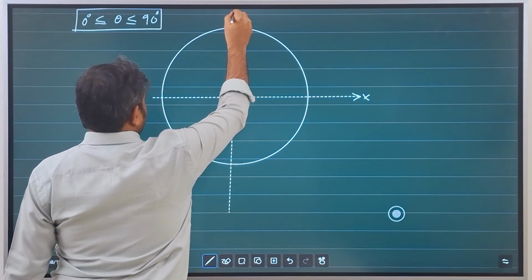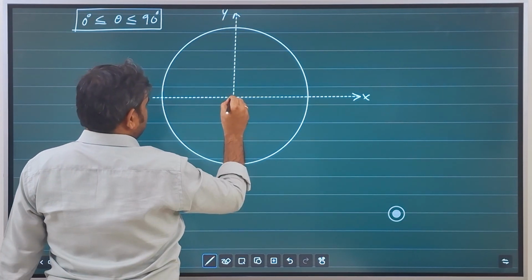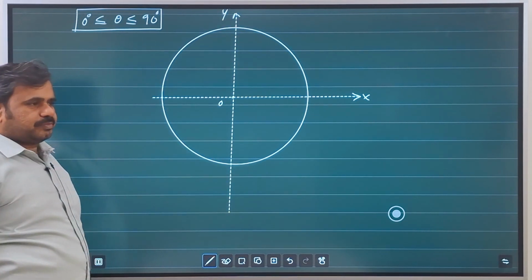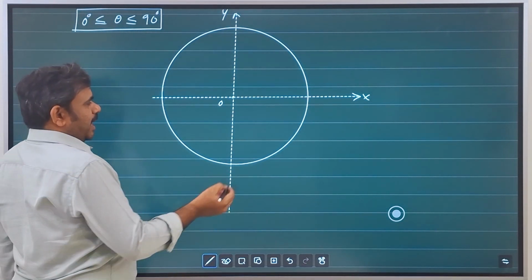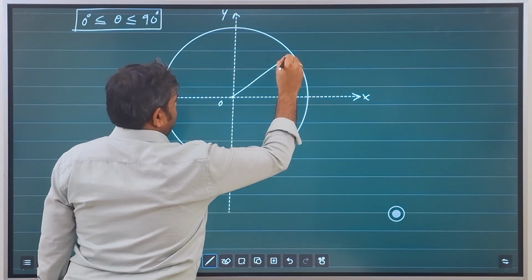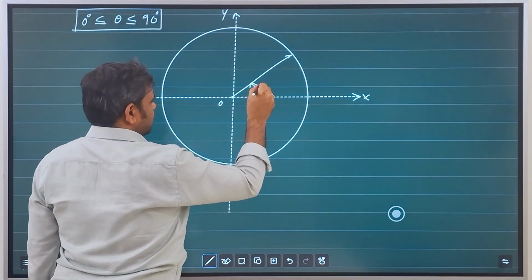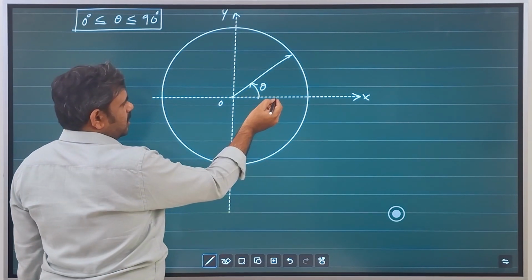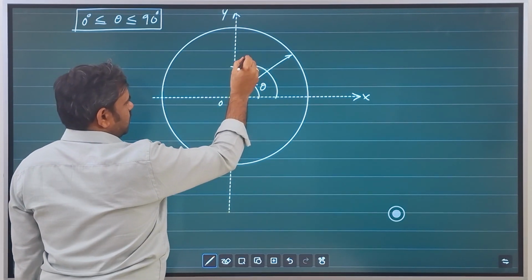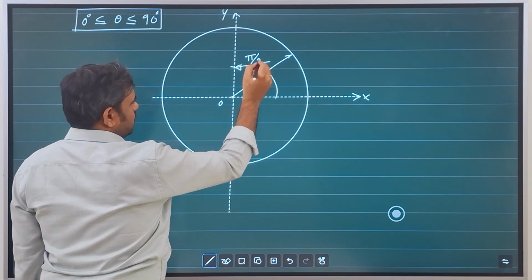The center of the circle is at the origin. Let me say this point is O. So the angle made by a line with the x-axis, if I say, is an angle theta. So this angle is 90 degrees or pi by 2 radians.